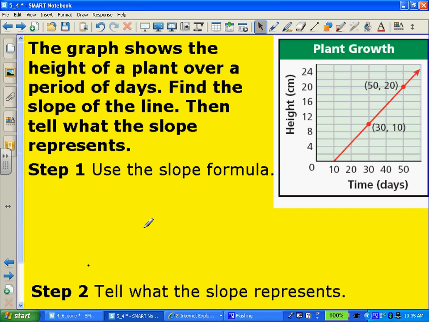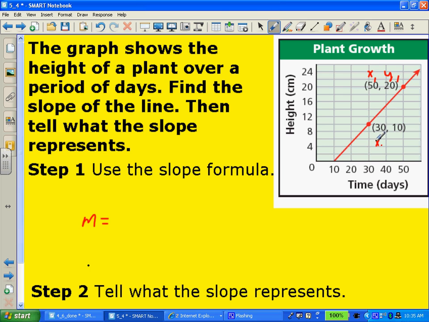And then last but not least, a problem in the form of a story problem. And this really isn't that bad. They will give you a graph, and they'll tell you what the graph's talking about. So the graph shows the height of a plant over a period of days. Find the slope, tell what the slope represents. So we're going to use our slope formula, and it gives us ordered pairs.